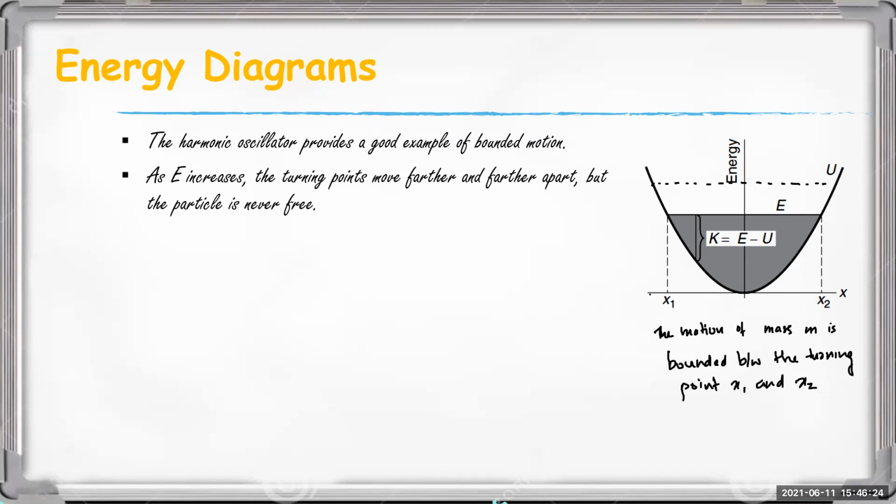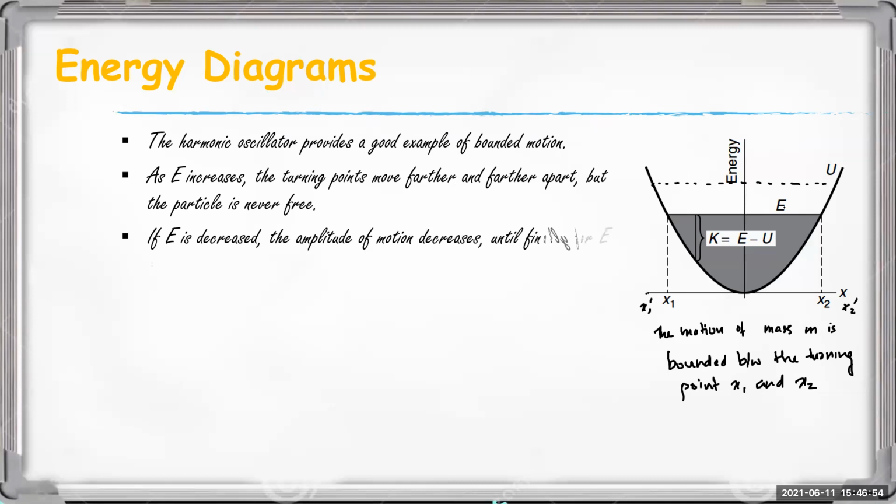The new turning points must be here, x1 dash, and here, x2 dash. The turning points move farther and farther apart, but the particle is never free. In that case also, it is bounded by the potential U.